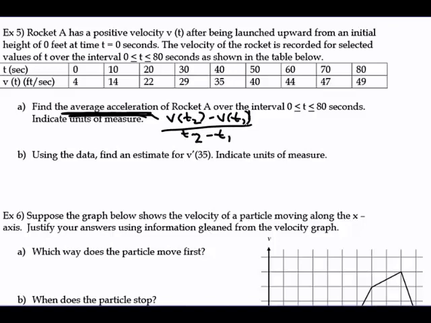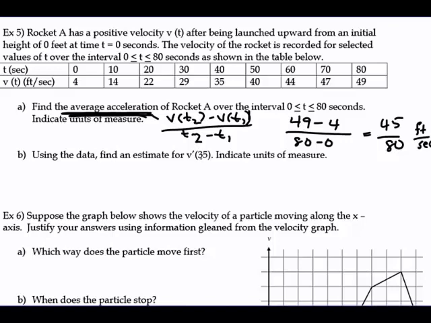So if I want to find average acceleration, I just need to find the net change in velocity over time. And I want average acceleration over 80 seconds, so I need v of 80 minus v of 0 over 80 minus 0. So this is going to be 45/80ths is your average acceleration. Indicate units of measure. Well, velocity was feet per second, and then we have another second, so this is feet per second squared.